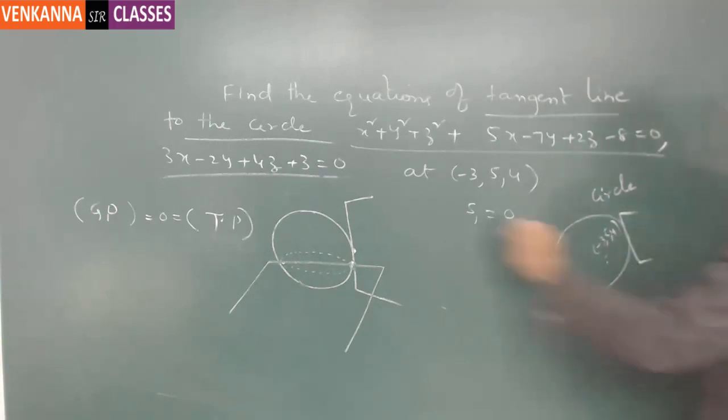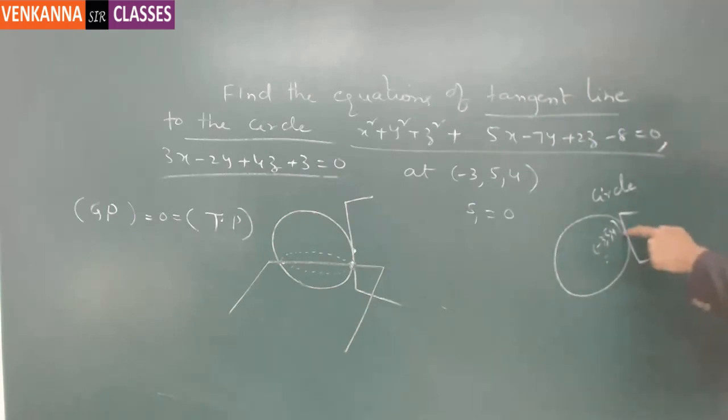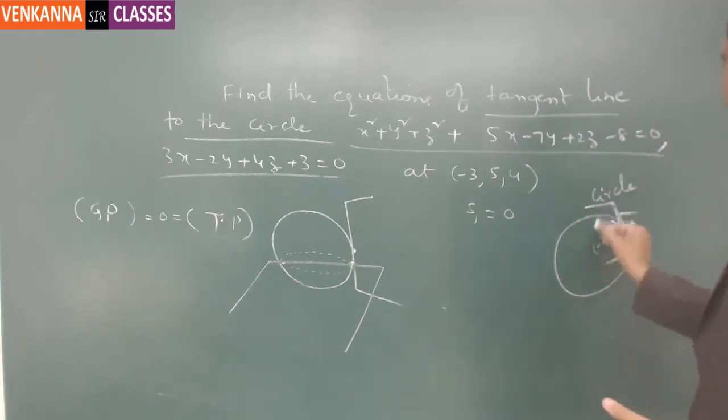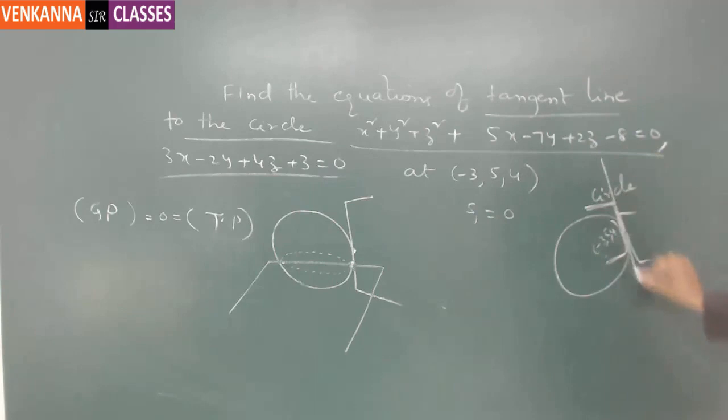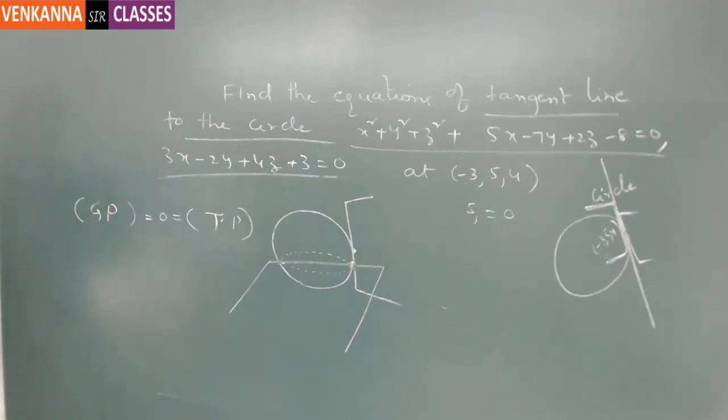This plane is given already in the problem. Now at the same point, using the sphere equation, you are calculating another plane. The intersection of two planes is nothing but a line. That is the tangent plane, I mean the tangent line.